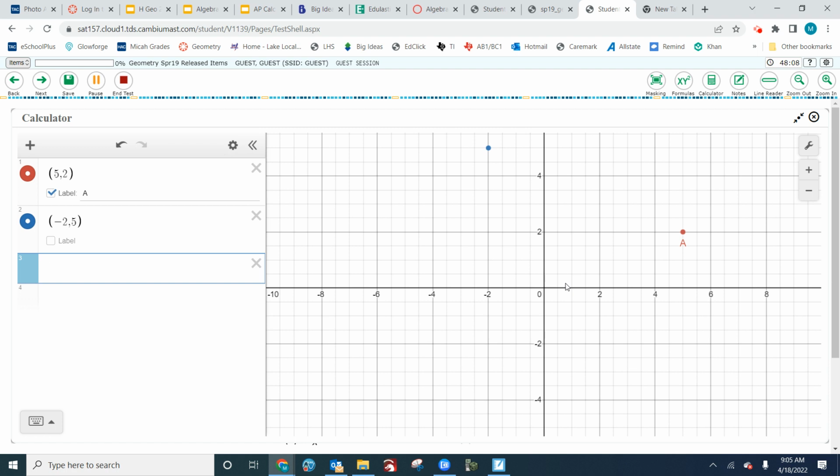We took the 2 and made it negative, and then the same x value. So you took 5, 2 and you made it negative 2, 5. Does that make sense?